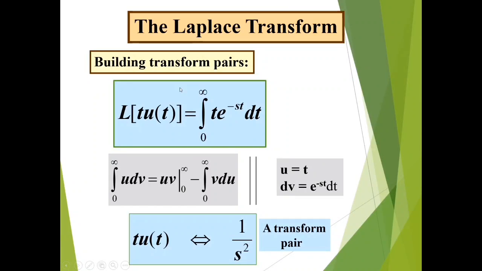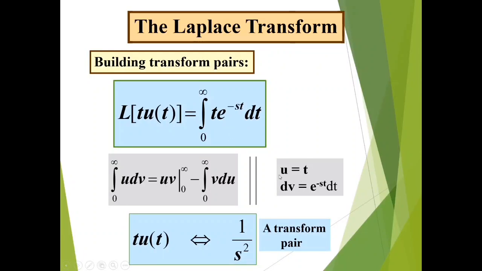The next transform pair is the Laplace transformation of t u of t, equal to the integral from 0 to infinity of t into e power minus st dt. Here t is a function of t and e power minus st is a function of t, so it goes under the integral rule, the integral from 0 to infinity of u dv. We already know the formula: uv minus integral v du.